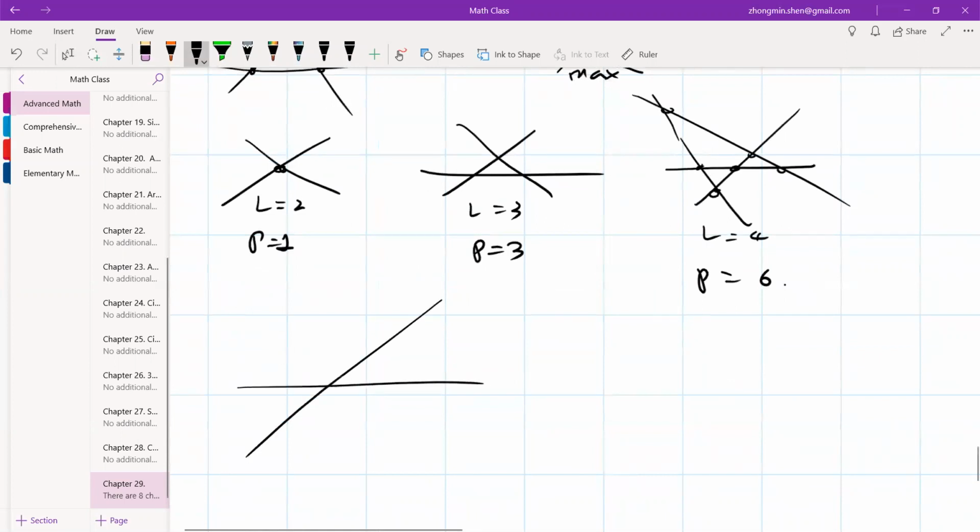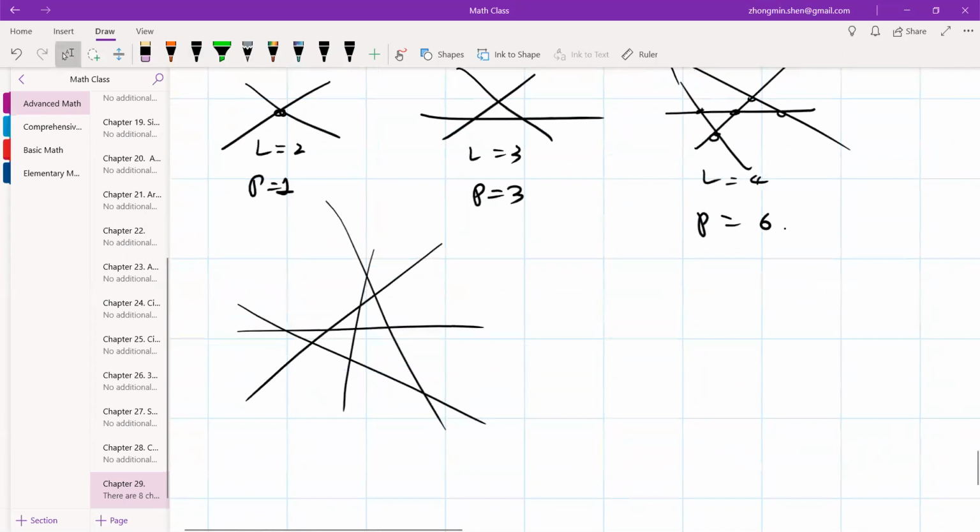Try this. Okay, 1, 2, 3, 4. Then, whoa. 5 lines, right? Like this. Okay, so you have 1, 2, 3, 4, 5, 6, 7, 8, 9, 10.